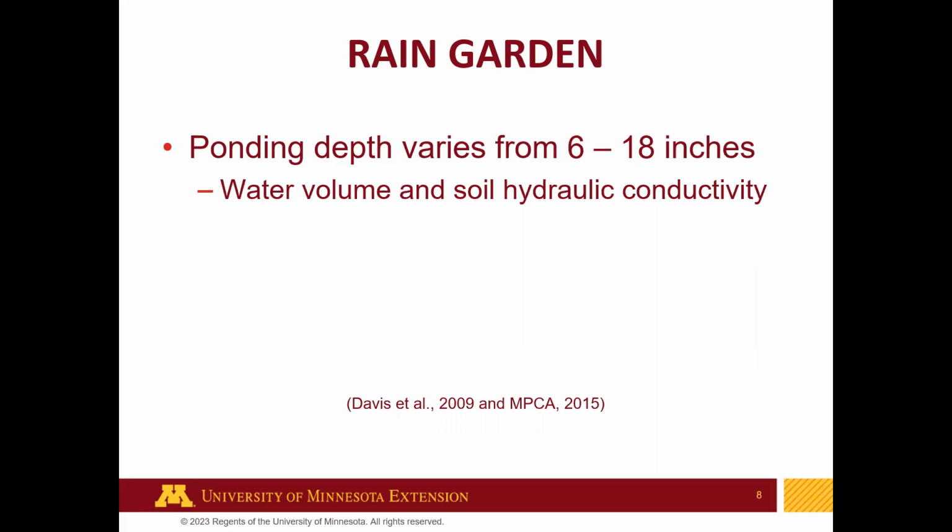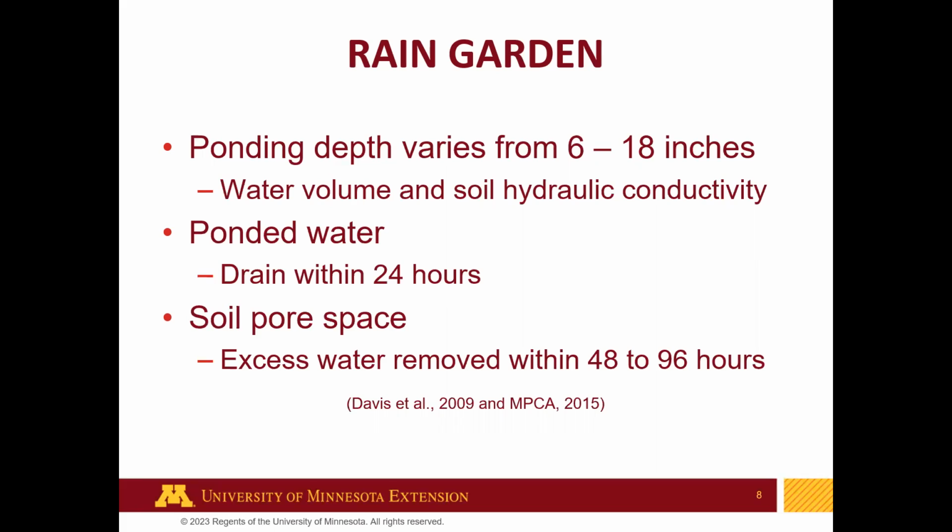Essentially, how quickly can that water drain? Those are going to be the two biggest determinations as to how deep that rain garden is going to be. Ideally, in a rain garden, ponded water is going to drain within 24 hours. And then the soil pore space, the excess water, is going to be removed or drained within 48 to 96 hours.